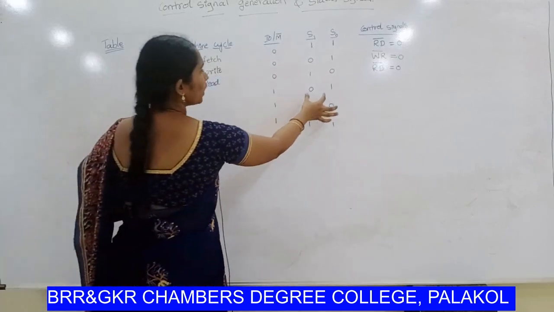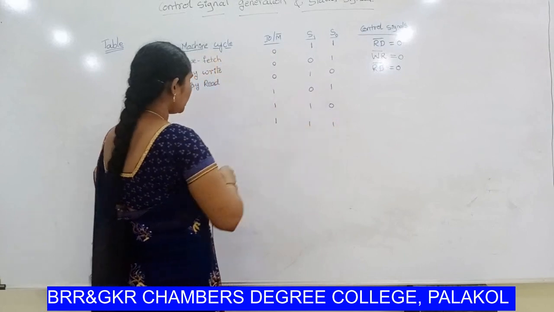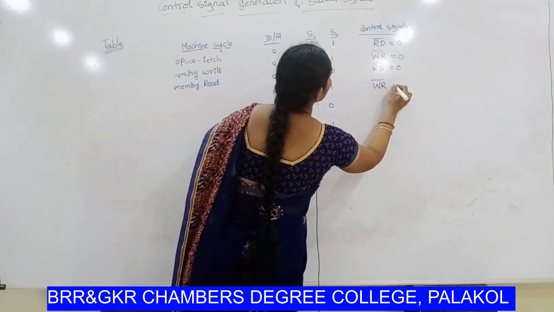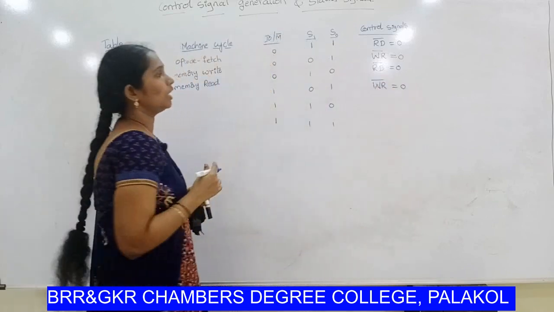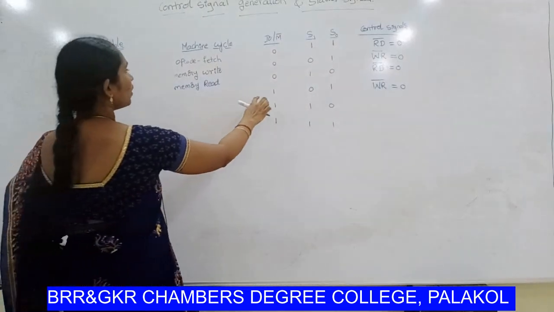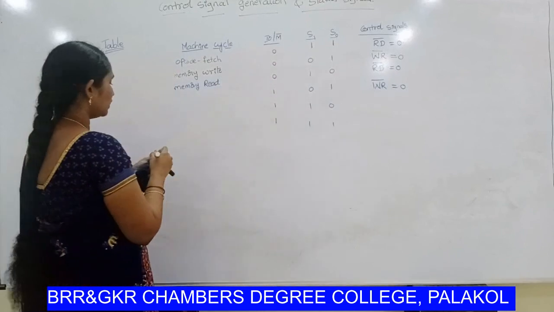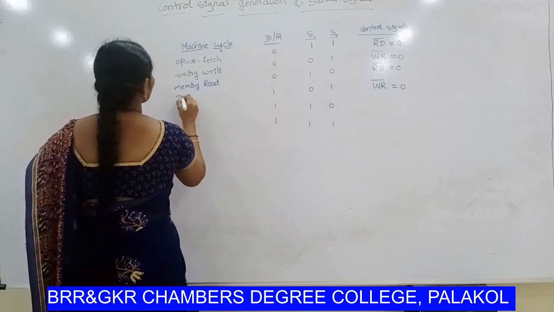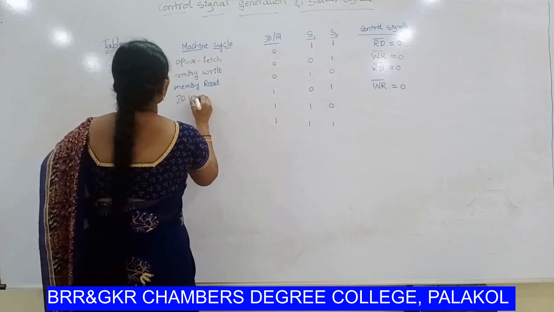The 0 1 will perform the write operation, so WR bar is equal to 0. Here 1 is IO, so it will perform the IO write operation.